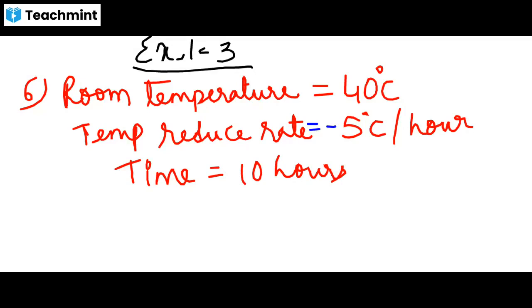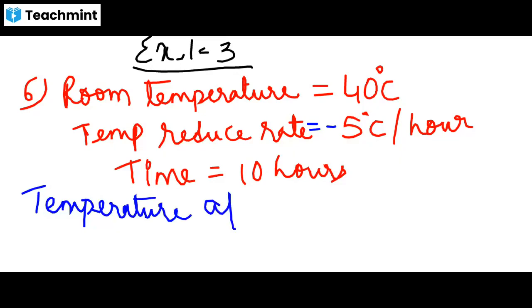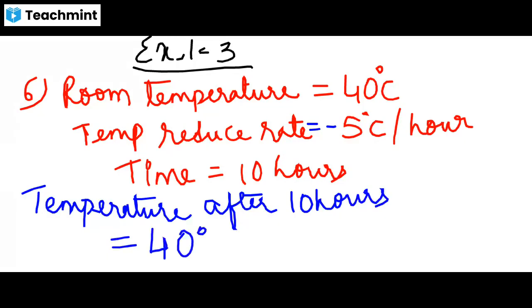Now what they have asked you is to find the temperature after 10 hours. So now what is the temperature? 40 degrees Celsius. After 10 hours, for 1 hour how much temperature is reducing? 5 degrees Celsius, ma'am.